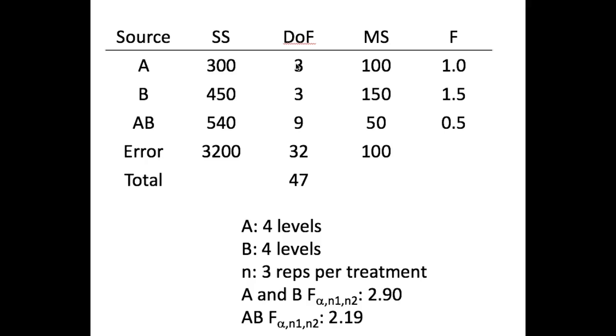Having said that, let's take a look at our F0 values versus our F alpha values, and you can see that even though we've got different F alpha values here, we are below those F alpha values, so we can't reject the null. If you look at B, B is no longer significantly different.